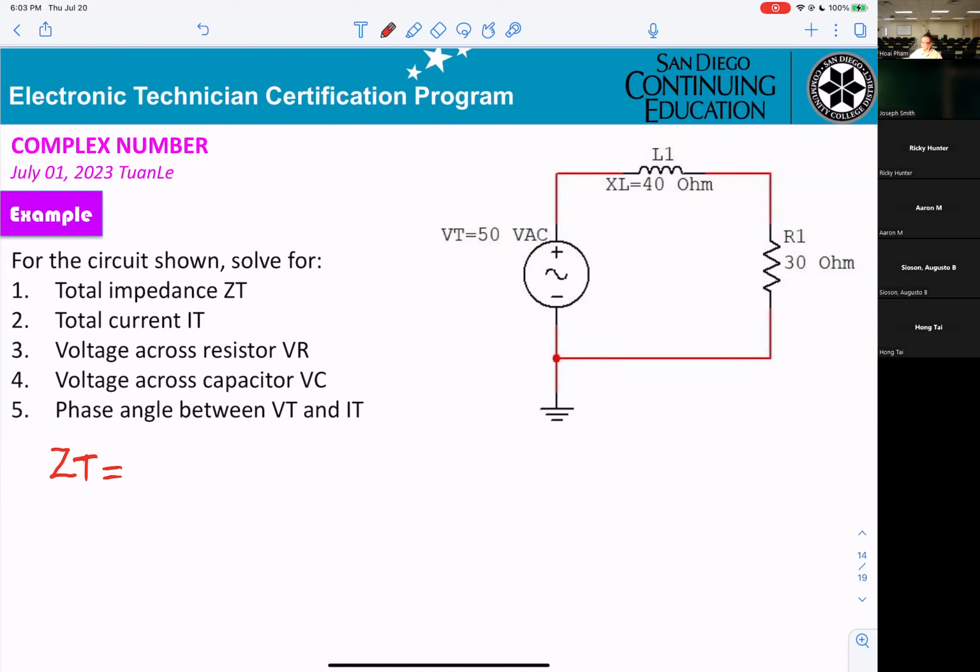Equal what? That's ZT. Equal what value? Oh, okay.